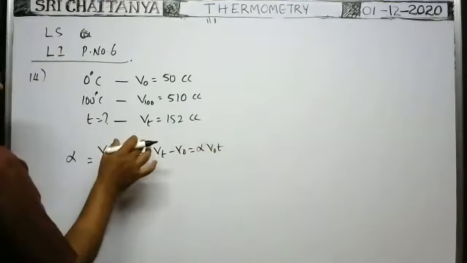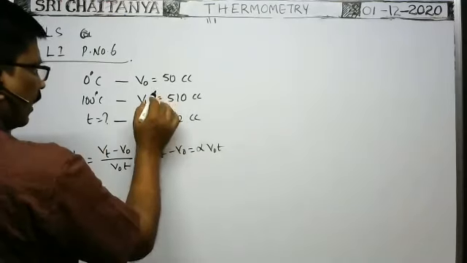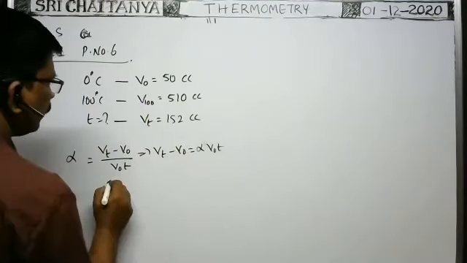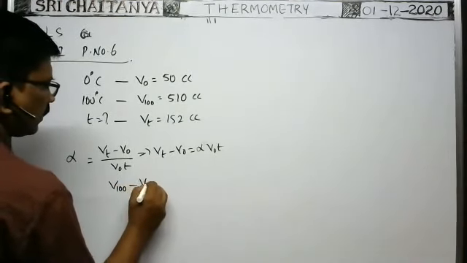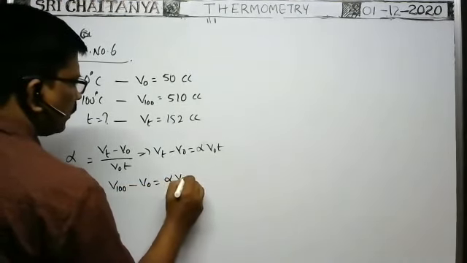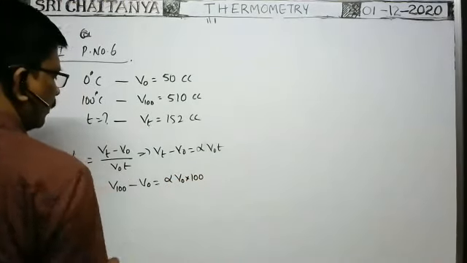So here you substitute the data. At a temperature 100 degrees centigrade, V100 minus V0 is equal to alpha into V0 into 100.